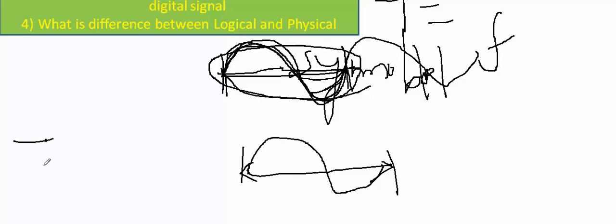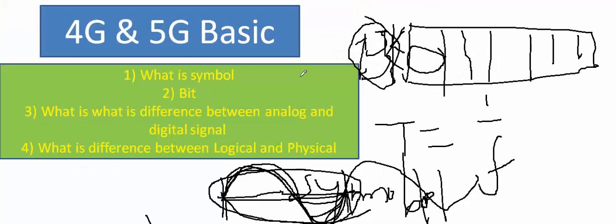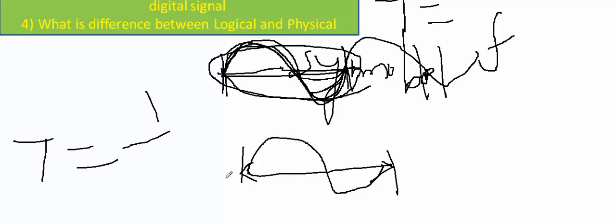That means we can use time is equal to 1 upon frequency, and we take the frequency as 15 kilohertz because we all know 15 kilohertz is used as the subcarrier spacing. So you can easily understand.